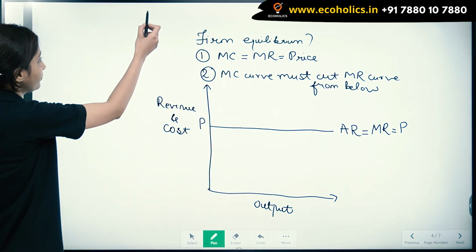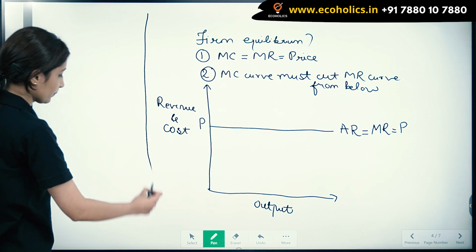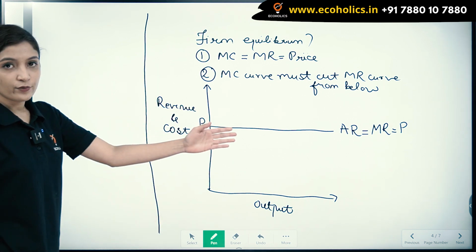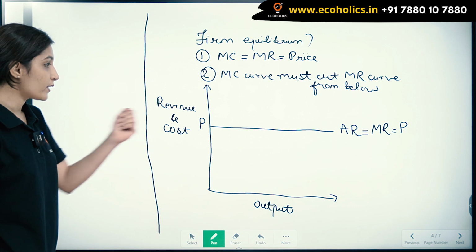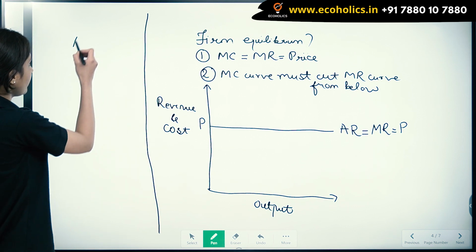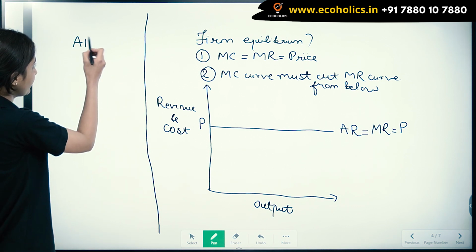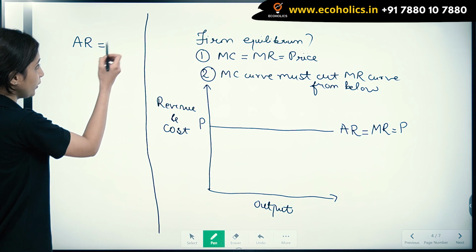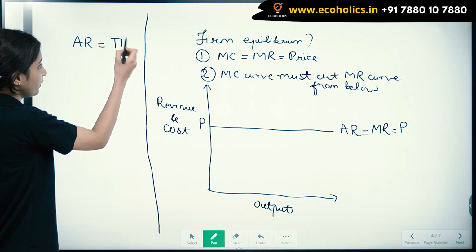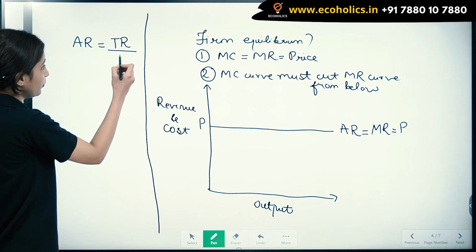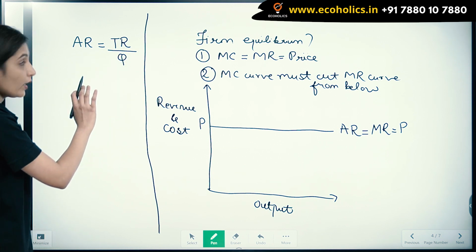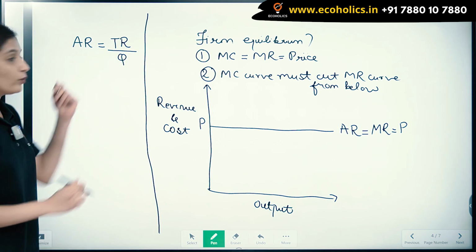First, in our previous videos on mathematical economics, we have studied that AR is equal to total revenue by Q. And what is total revenue?